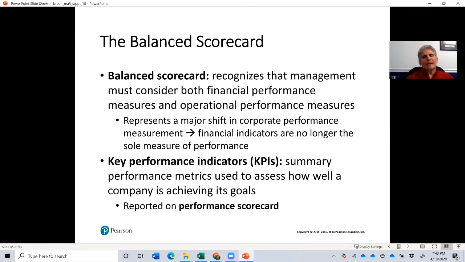And in strategic planning, you often see top management introduce what is referred to as a balanced scorecard. And the balanced scorecard recognizes that management must consider both financial performance measures and operational performance measures. So we're going to incorporate some things that are less quantifiable in terms of dollars especially, and use that as a basis of determining why we're ending up where we end up.